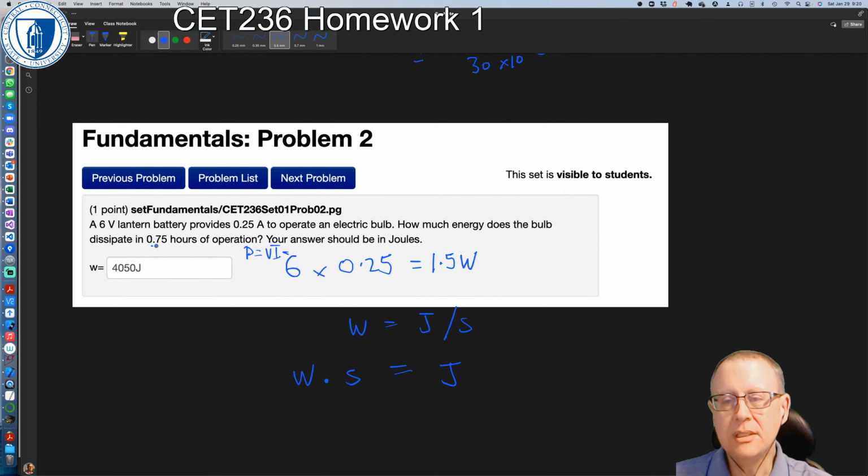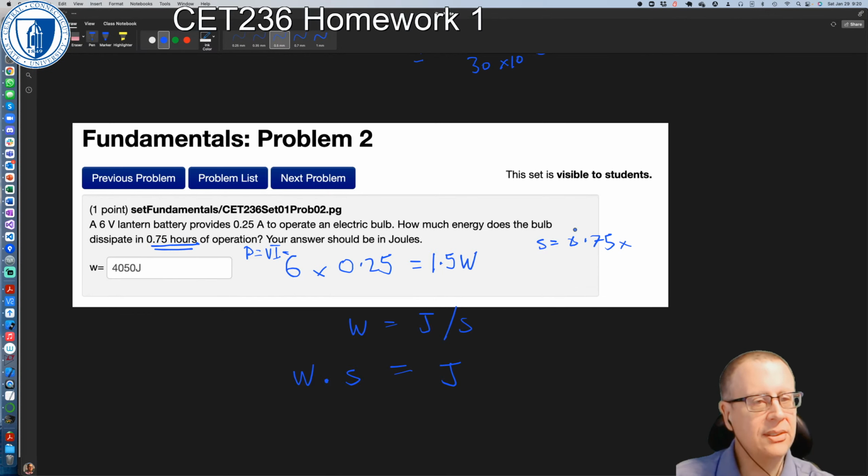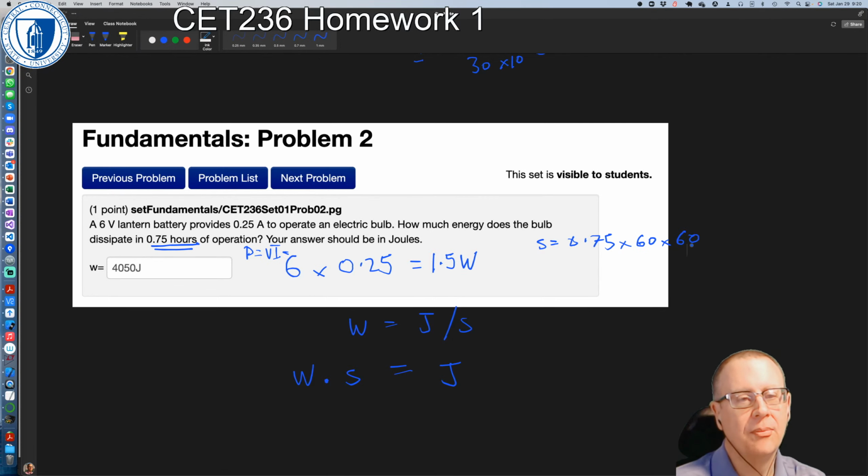Now we've been given the time in hours. So the time, I'm going to call it S, is going to be equal to 0.75 times, now the number of seconds in a minute is 60, and the number of minutes in an hour is also 60.